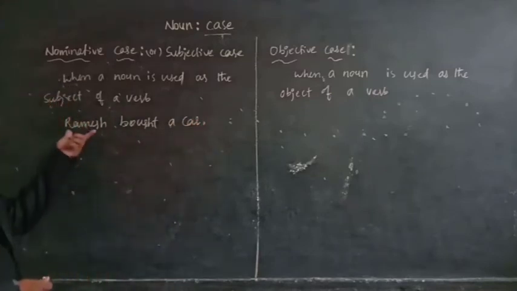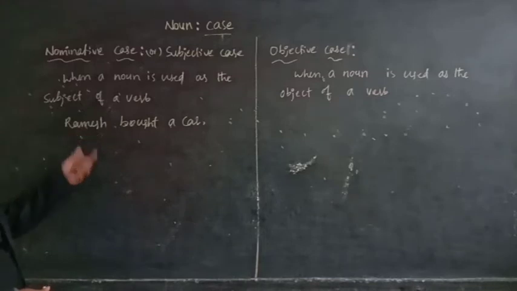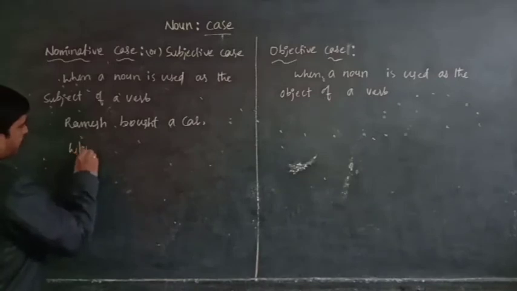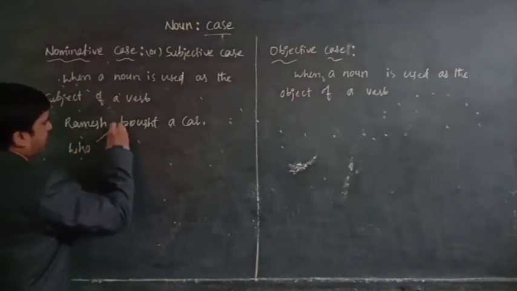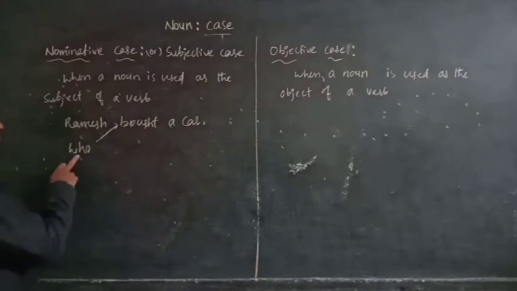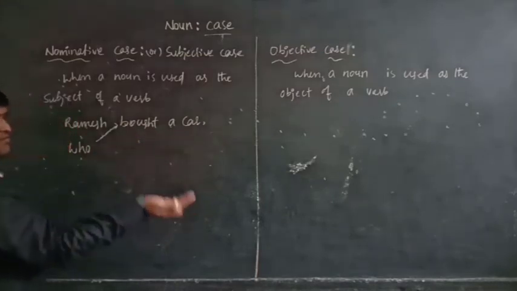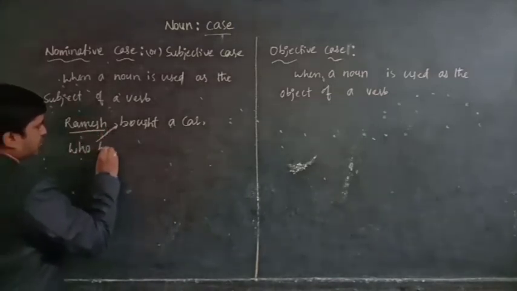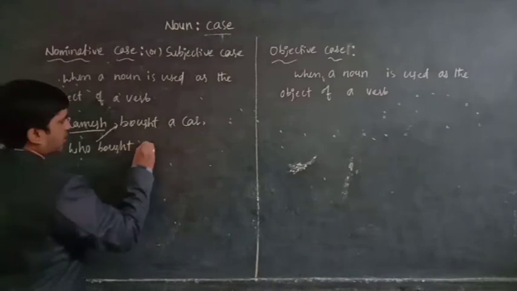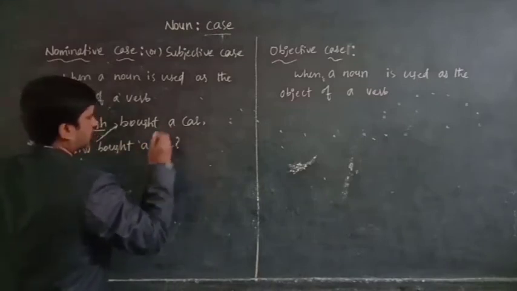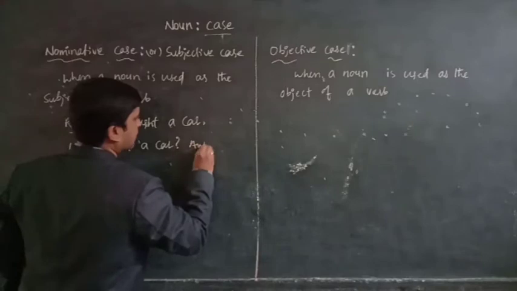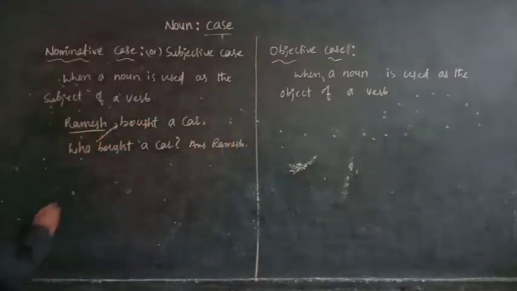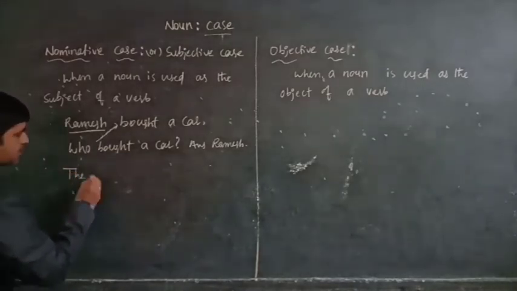For knowing the subject, we ask the question with who, placing who in front of the verb. Who bought a car? The answer is the subject, Ramesh.